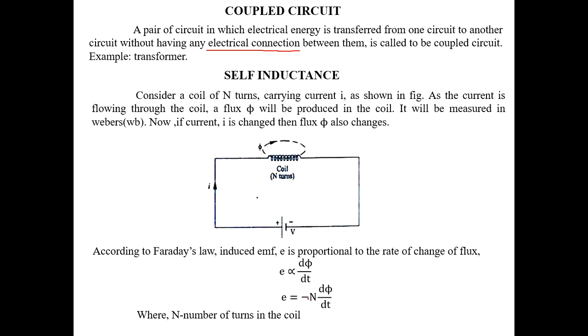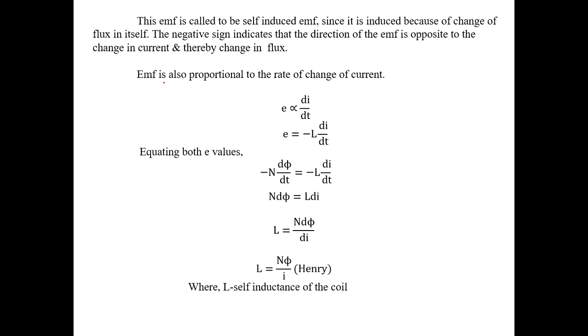This minus sign represents that the voltage and the flux are in opposite directions. Next, EMF is also proportional to the rate of change of current. We can write E is directly proportional to di divided by dt. In order to remove this proportionality, we can write E is equal to minus L into di divided by dt.